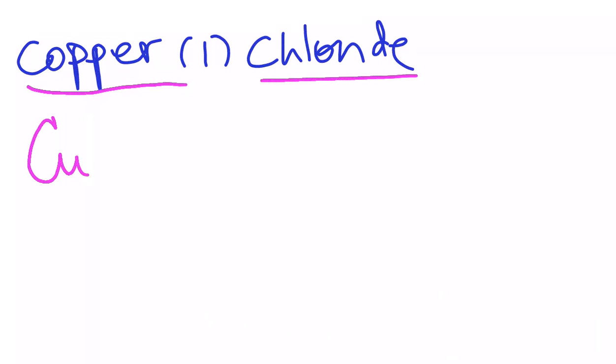Copper, Cu, you write that. Copper 1 has a +1 charge. Chloride, Cl, has a -1 charge. So these are going to be able to combine in a 1-to-1 ratio to form an overall neutral compound. So when you write this, you'll write CuCl.